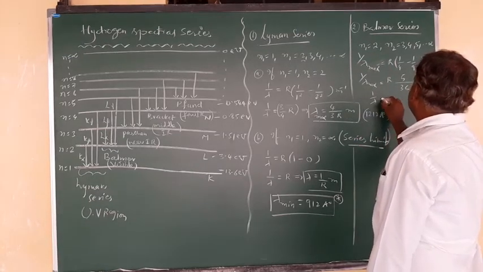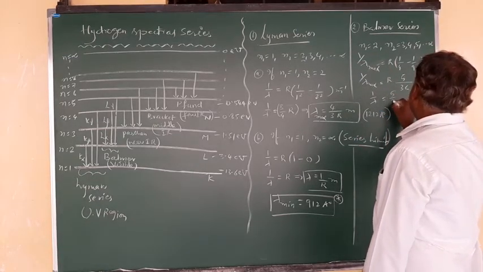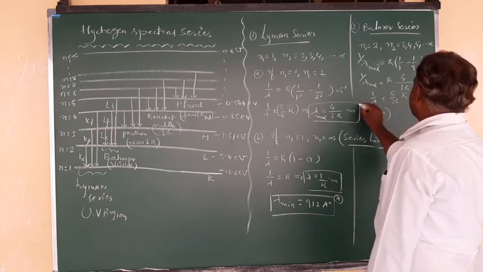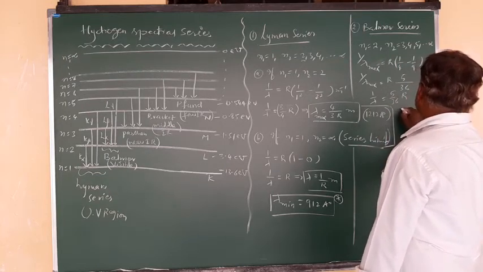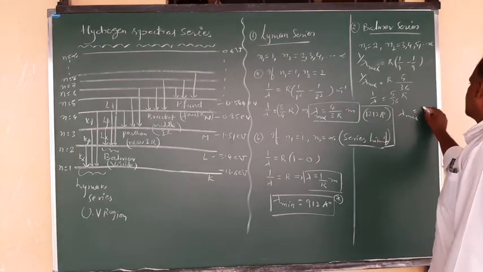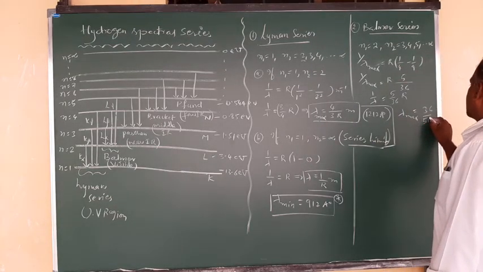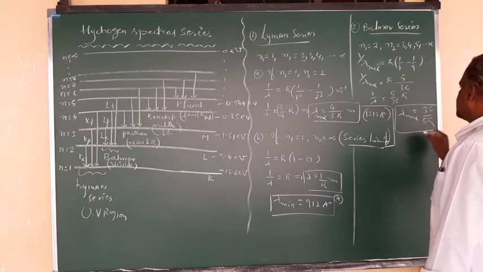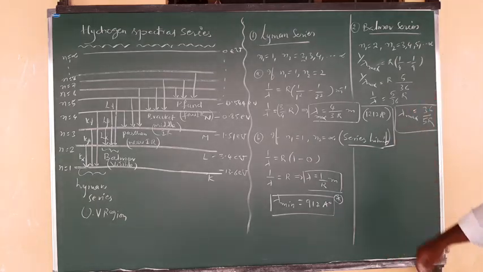So 1 by lambda is equal to 5 by 36 times R. Whereas lambda max in the second case, the Balmer series, is given by 36 upon 5R. This is the maximum wavelength you get for the Balmer series.